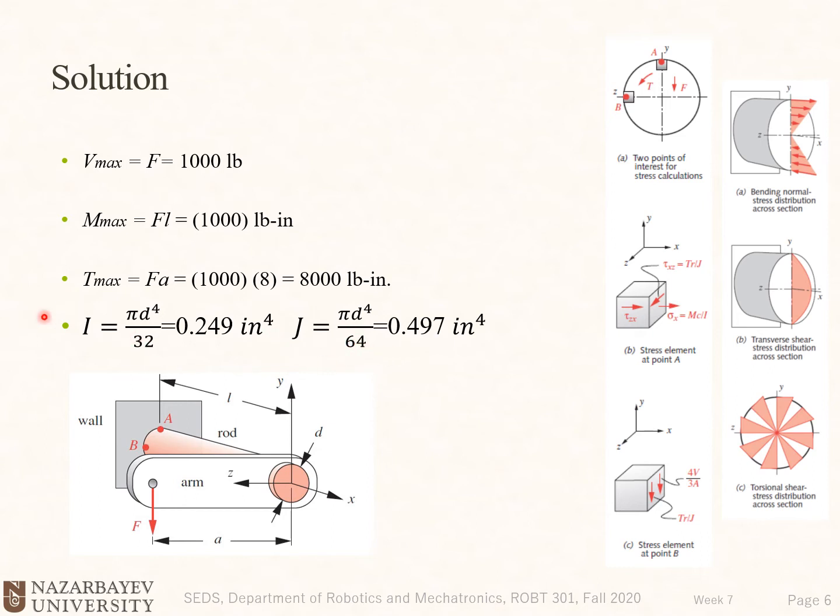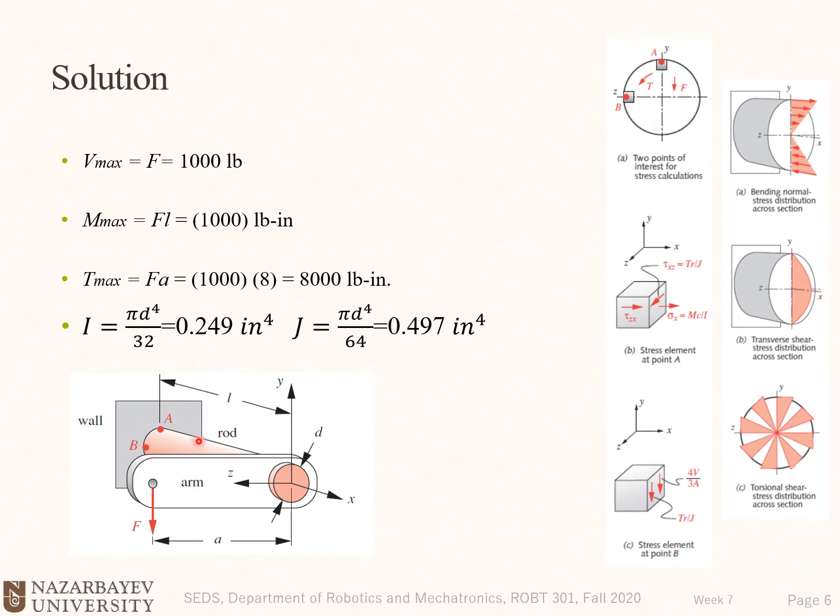Okay, so we've done these calculations. About these graphs, as we go forward, we will discuss them. The first one shows a bending normal stress distribution across the beam, and we are specifically focusing on the base cross section here that includes points A and B. The second one shows a transverse shear stress distribution that we already discussed, which will be 0 at the top and maximum at the middle, or at the neutral axis.